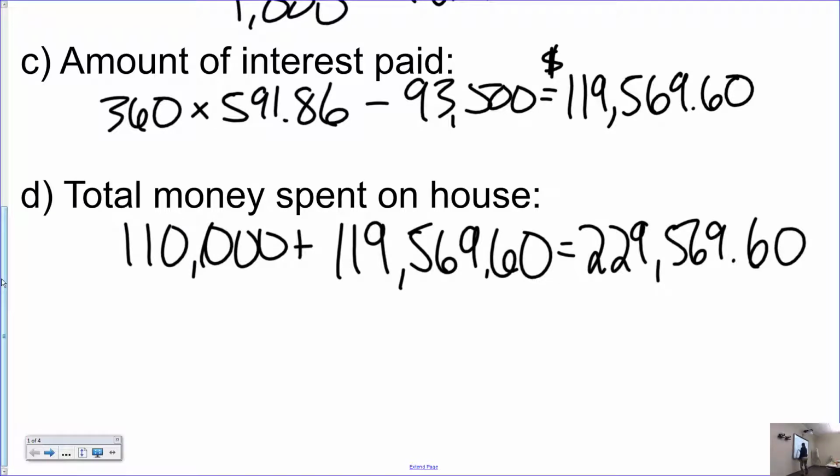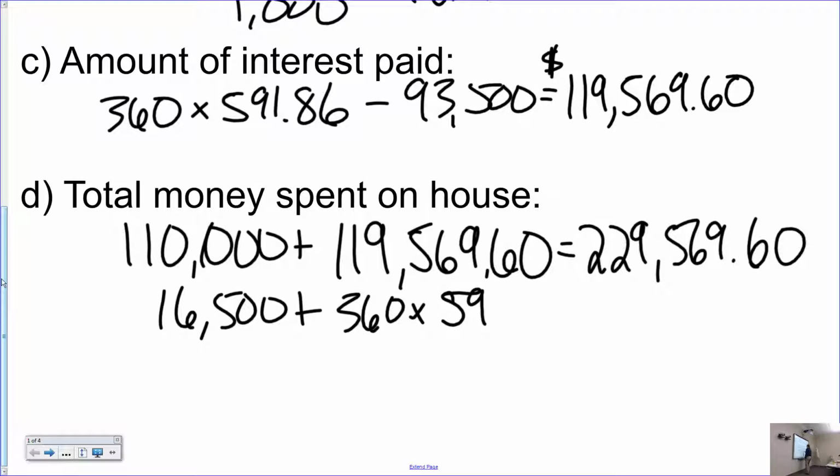Adding up all the payments is the 16,500 plus the 360 times 591.86. Either way, you should see that you paid way more money than you feel like you should have to buy that $110,000 house. It is how life works, folks.